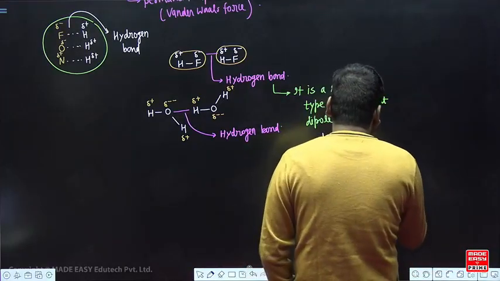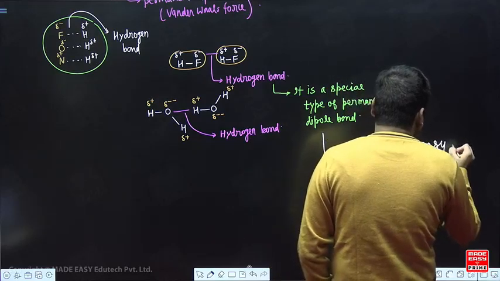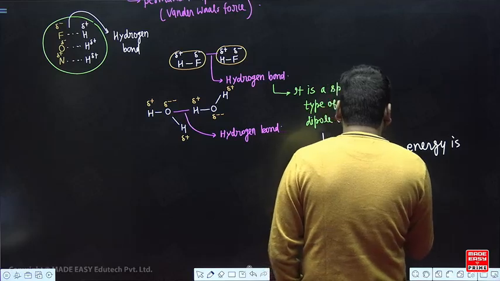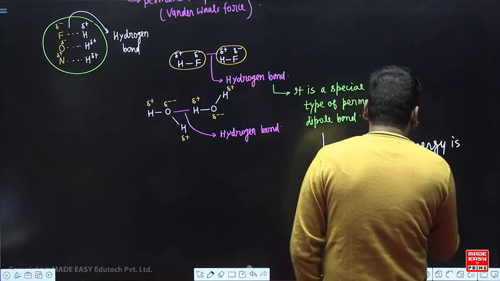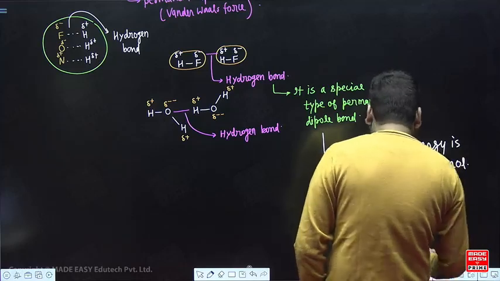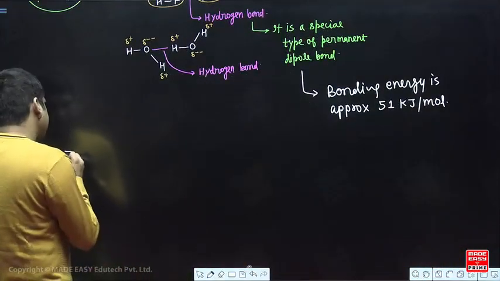Bonding energy is approx 51 kilojoule per mole. इसका मतलब हुआ हाइड्रोजन बॉन्ड इज स्ट्रॉन्गेस्ट among all secondary bonds.